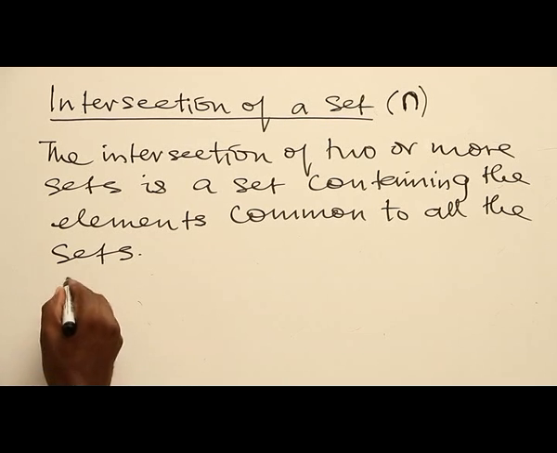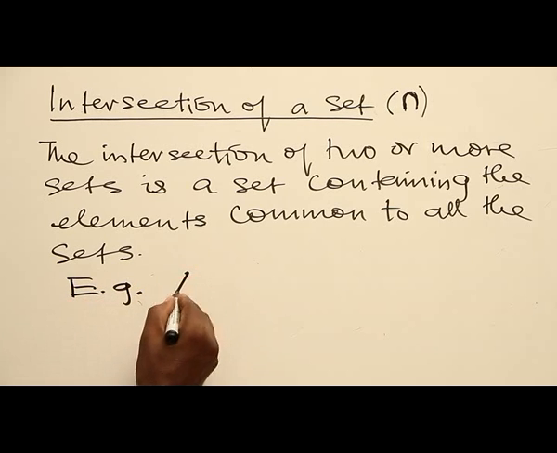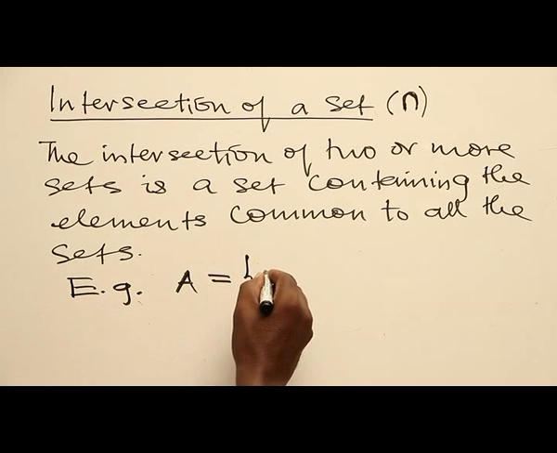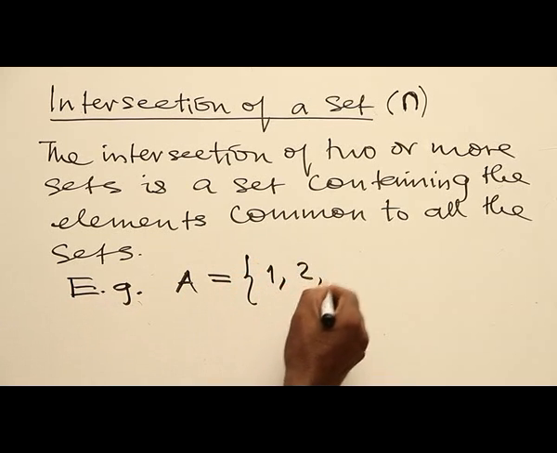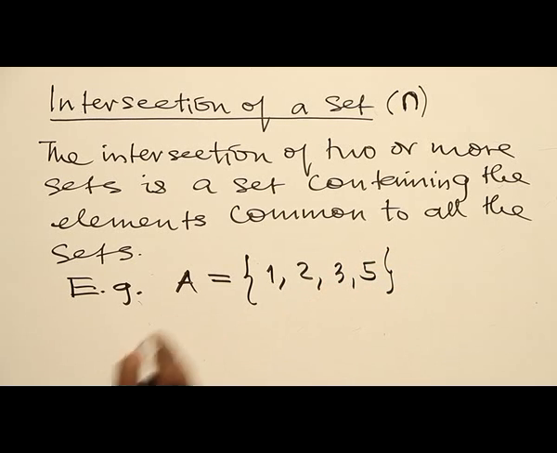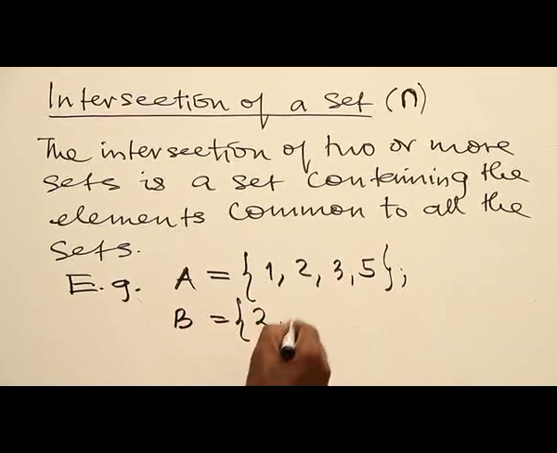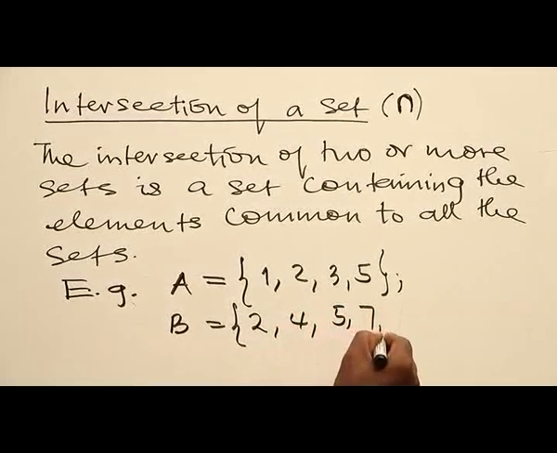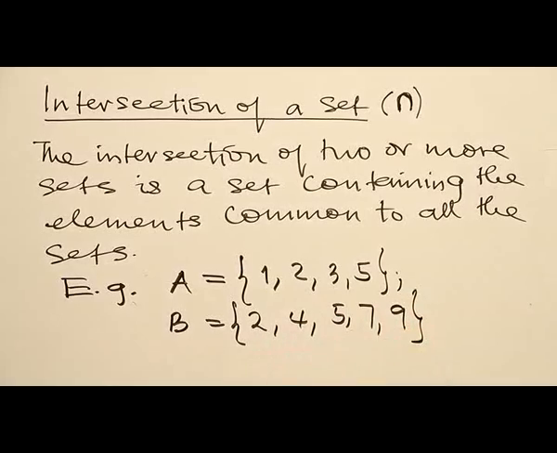Let's take for example the set A, defined with elements 1, 2, 3, and 5, and another set B, containing 2, 4, 5, 7, and 9.